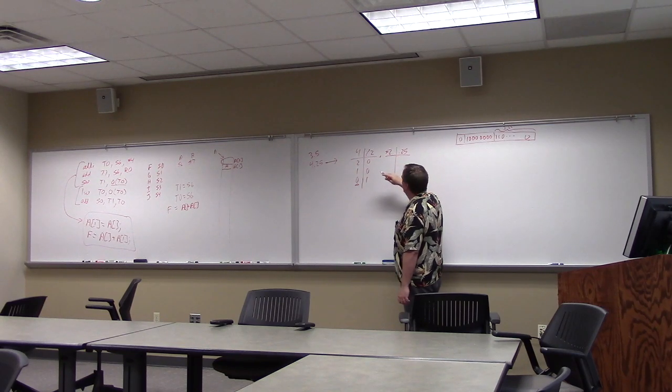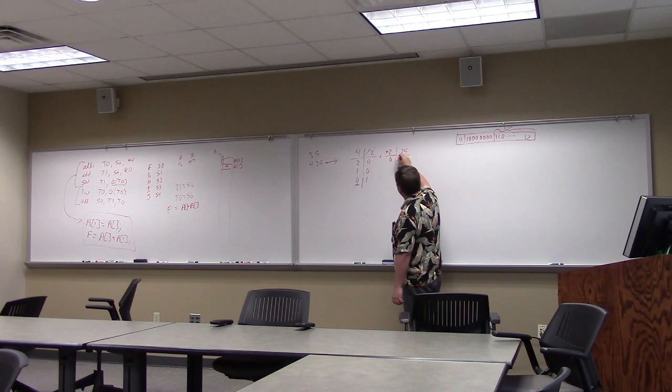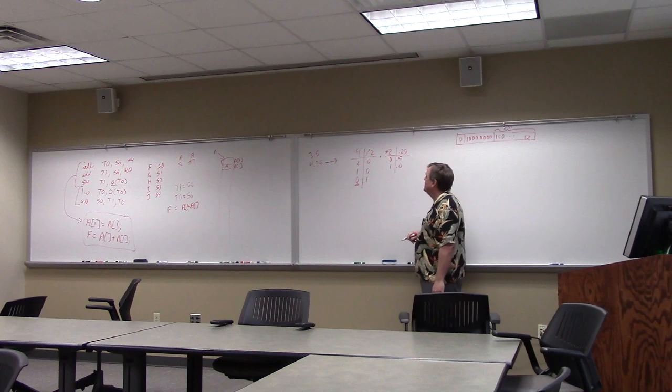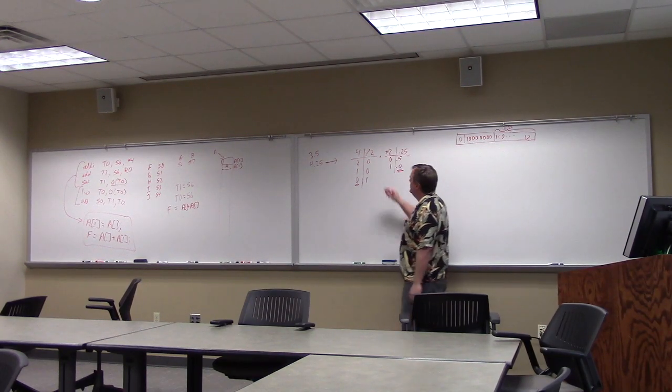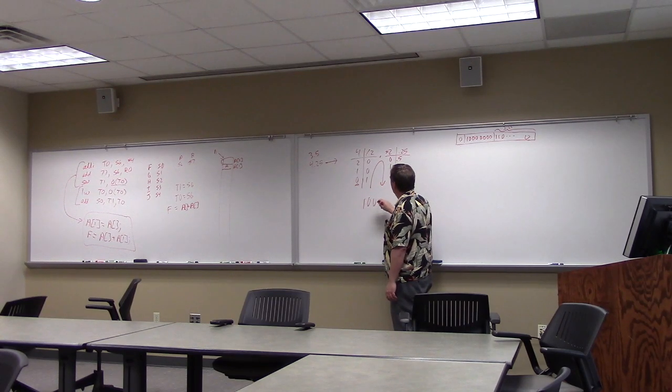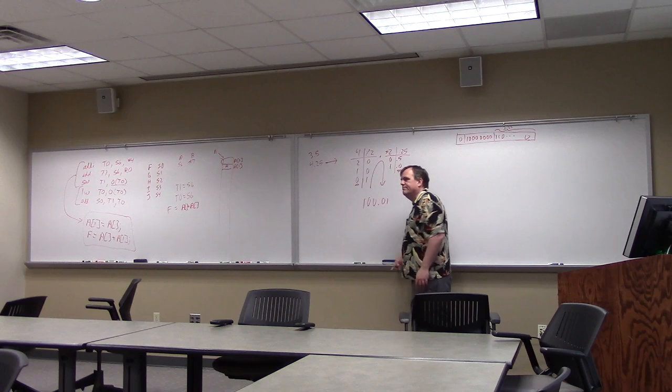2 times a quarter gives me 0.5. 2 times 0.5 gives me 1.0. As soon as I get that 0, I stop. Just read it like a horseshoe. 100.01.